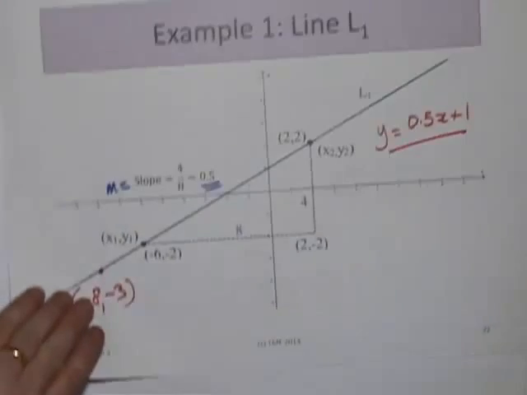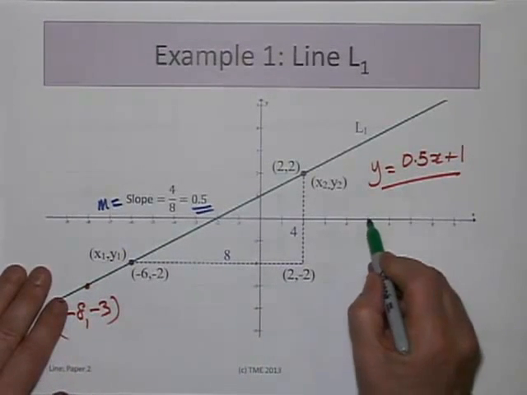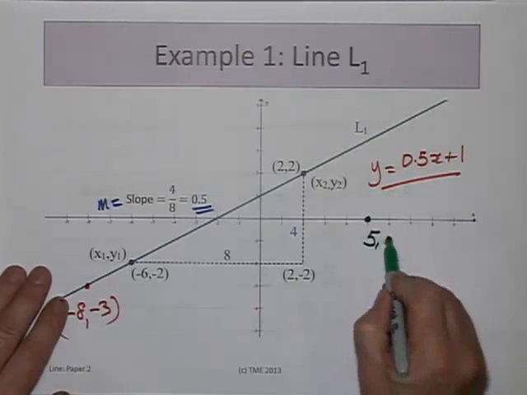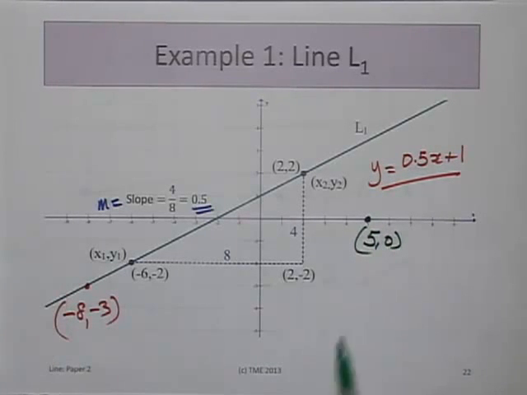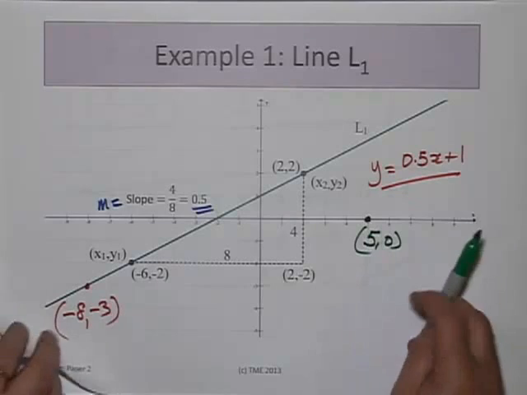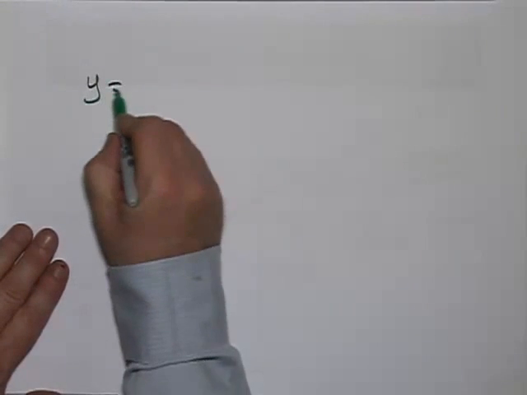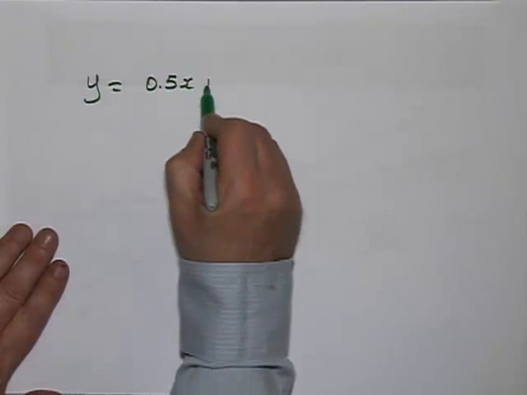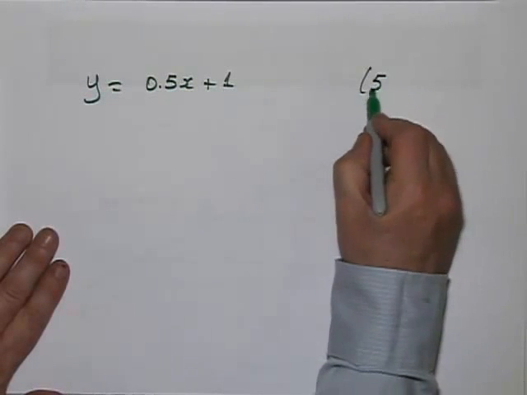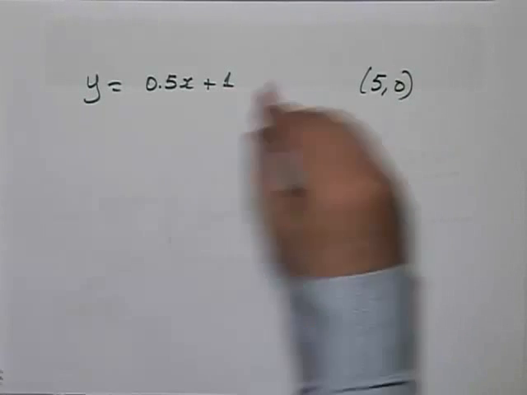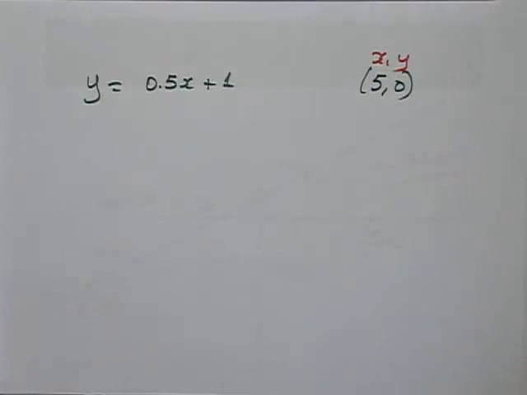Had we chosen another point out here, let's say the point 5, 0, we would have found that it wasn't on the line. Go through the same calculations again: y is equal to 0.5x plus 1. We're now checking the point 5, 0, where x is 5 and y is 0.